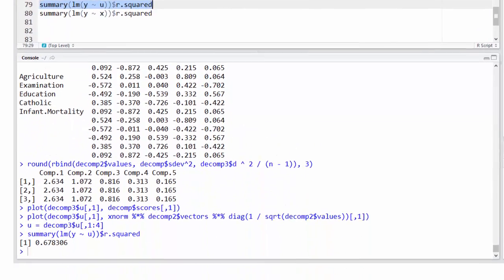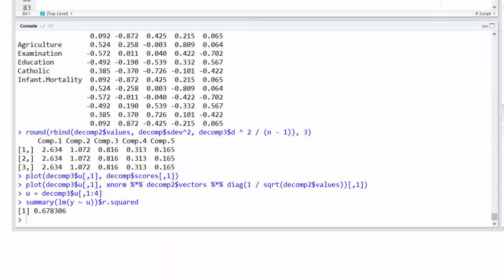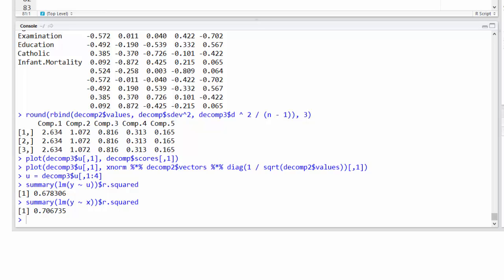It's about 70%, and then I'm going to compare that to the linear model using all the x's, which in this case gives me about 70% as well. So by virtue of removing that extra variable, we have basically found the linear combination of our regressors that retains the most amount of variability in our x's, and so we can remove a regressor and still have just about the same amount of variation explained in our y.